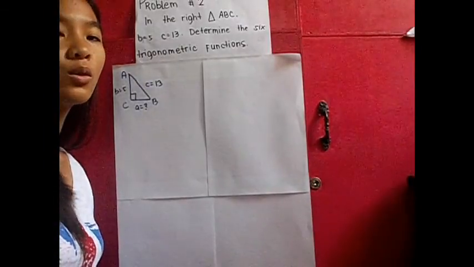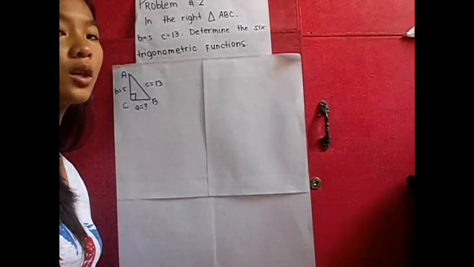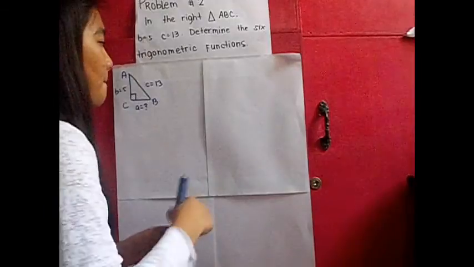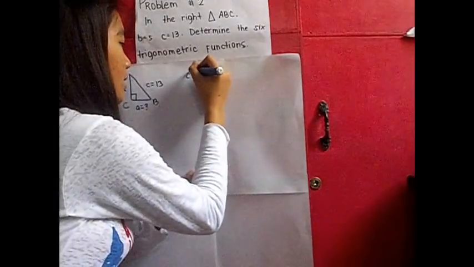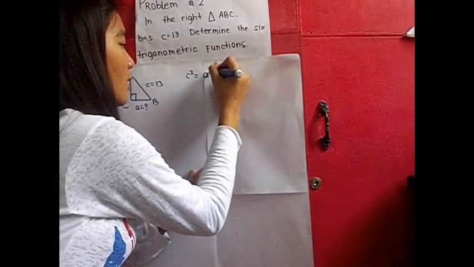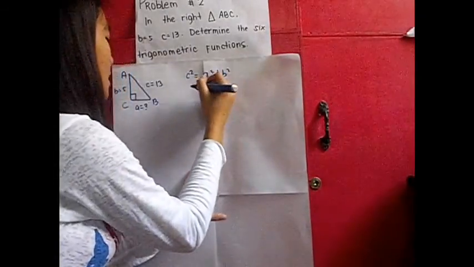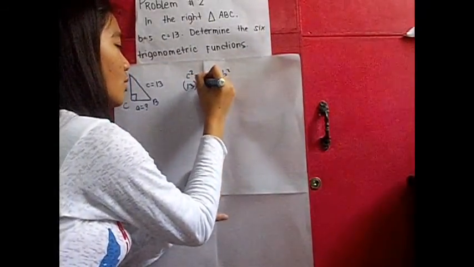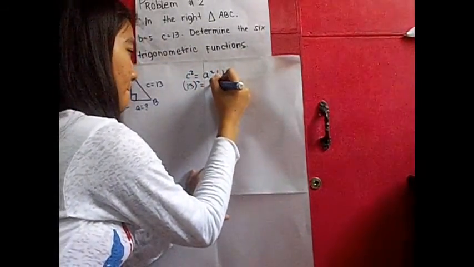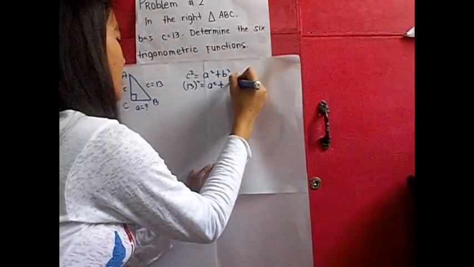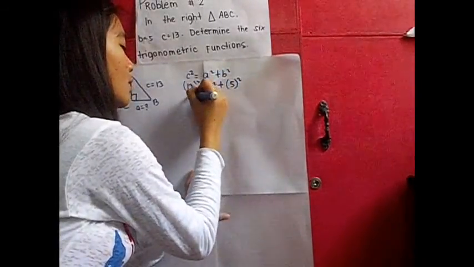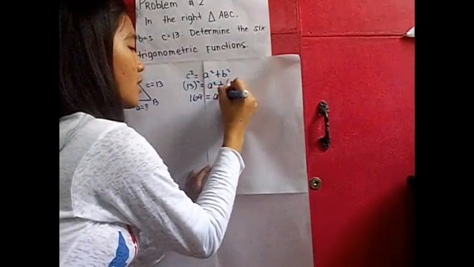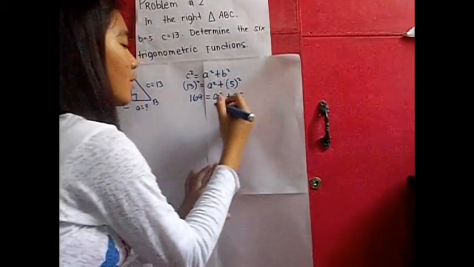Now, we need to use the Pythagorean theorem to get A. C squared is equal to A squared plus B squared. 13 squared is equal to A squared plus 5 squared, so 169 is equal to A squared plus 25.